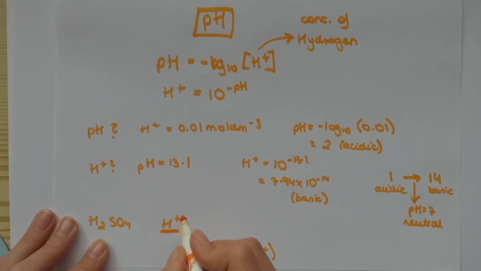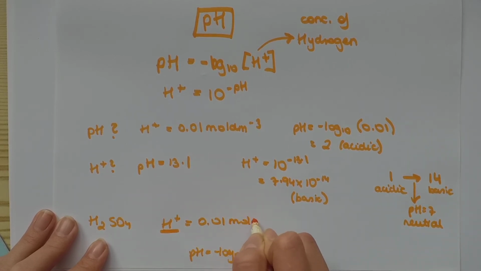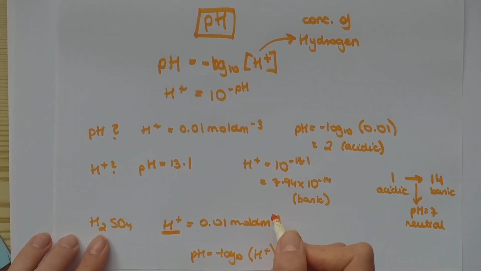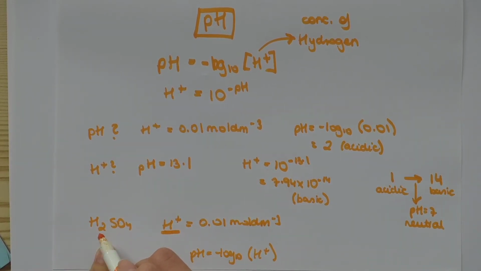So let's say the concentration of H plus is 0.01 mole dm minus 3. However, we have 2 hydrogens here. So what you'd have to do is multiply the concentration by 2 first, and then you can put it into your pH equation.